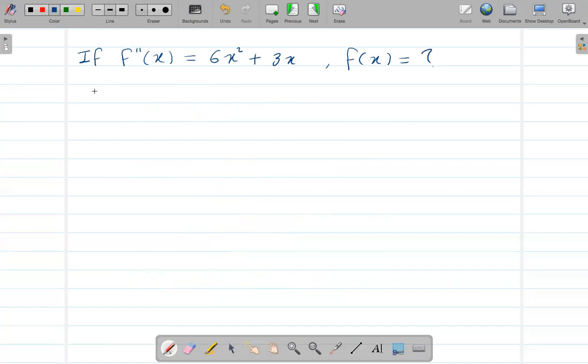So from here, the first one, when you take the antiderivative of f prime, it will be f double prime, and the antiderivative of f double prime will be f prime, right?